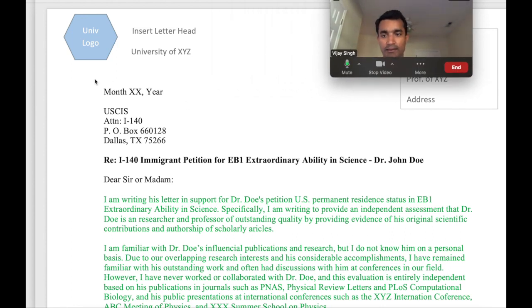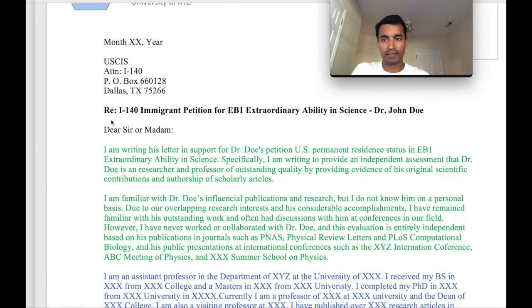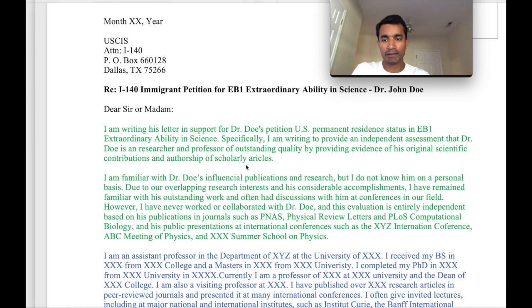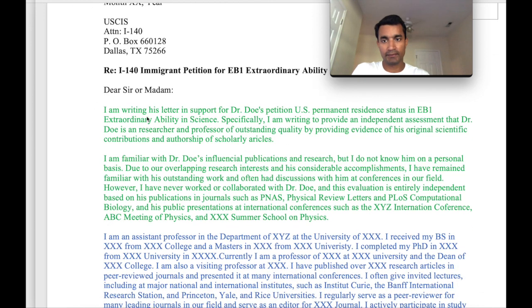After that, this is just some regular information. That's how you write a letter regarding your petition about EB1, your name, and then this is the first section. In this section, they write that they are writing a letter to support your petition. Here they also write how they know you. If they are independent evaluators who don't know you personally or don't have a collaboration with you, then it's better to mention right here that they are providing an independent assessment.